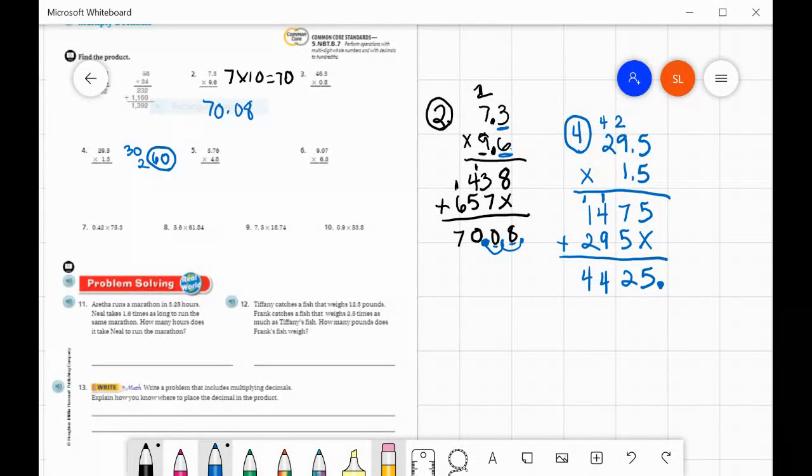But when we go back up into our problem and we look behind the decimals that we have, there's 2 digits behind the decimal, so we need to move this over 2 spaces. So 44.25 will be our answer. What did I do wrong?